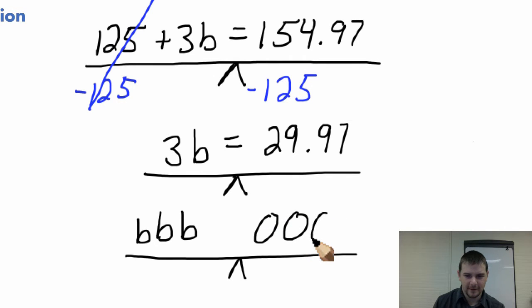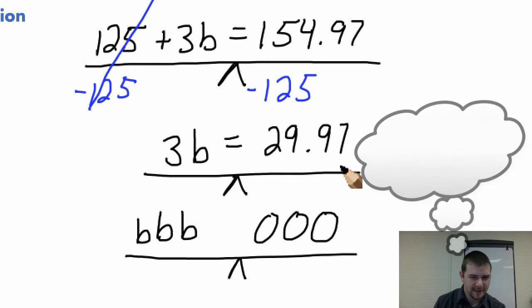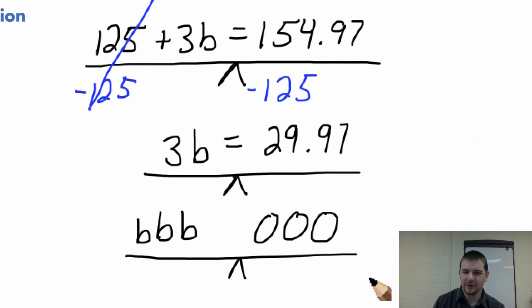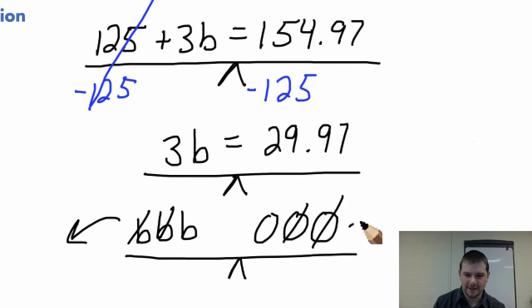I hate to put kids in a teeter-totter in bags, but we can think of this as 3 bags that are all of equivalent weight or value that add up to 29.97. Essentially we're asking 2 of these to get off the teeter-totter. In that way, we will have 1b isolated, playing by itself, and we'll have the value that it's equivalent to on the other side.